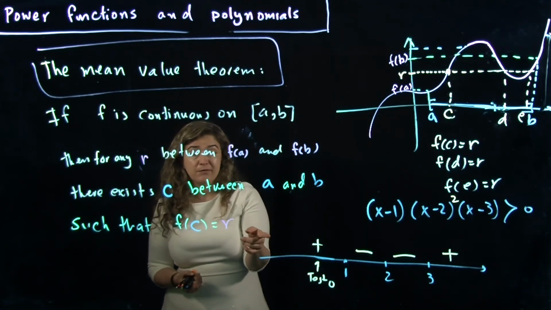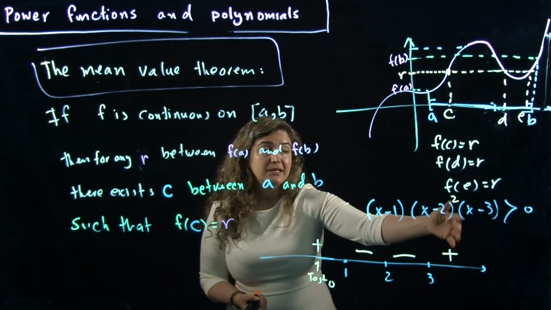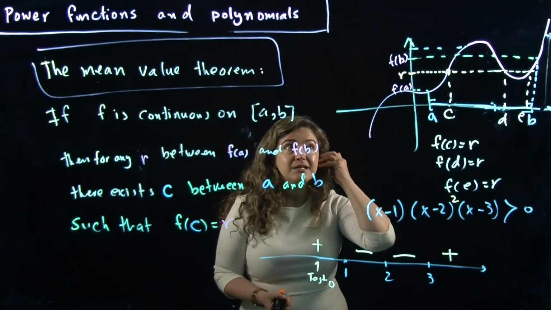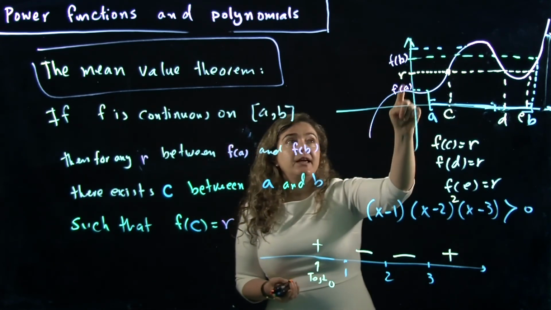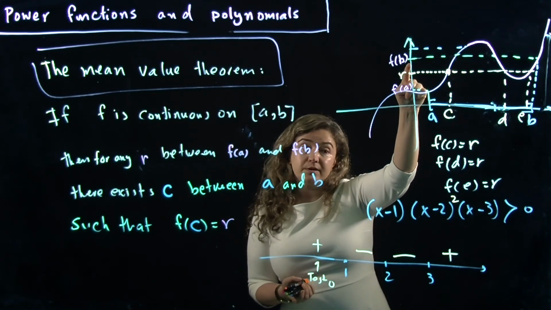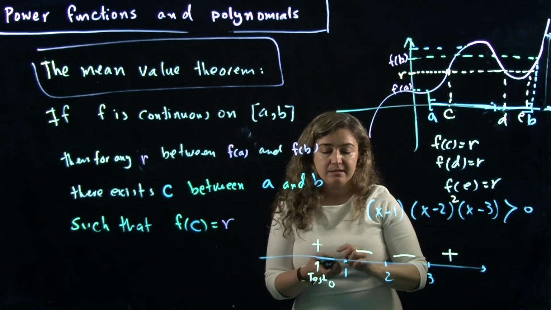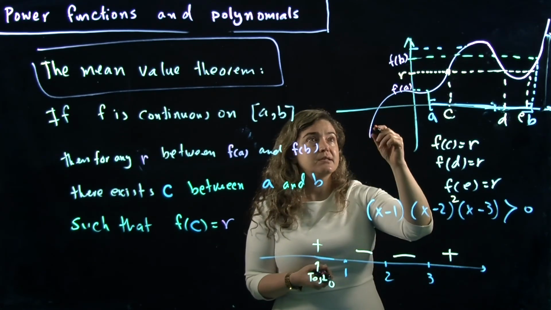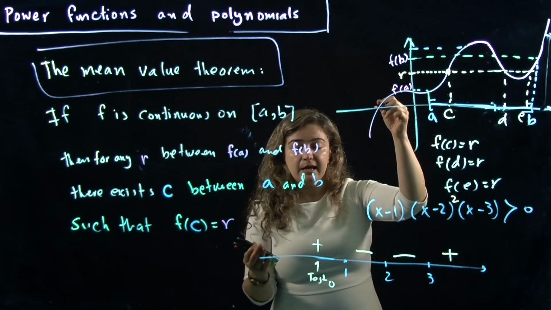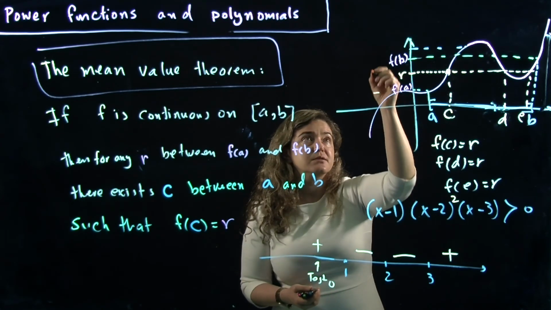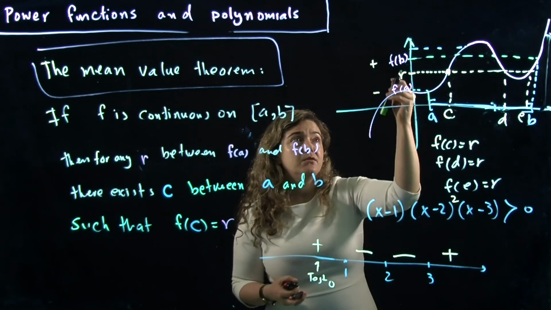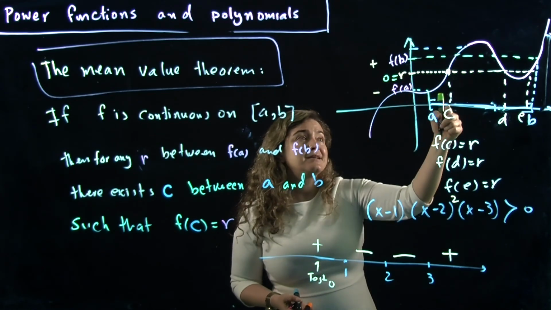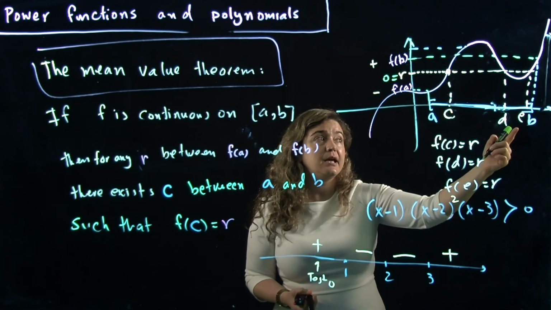Again, how do we use the mean value theorem in finding inequalities? The mean value theorem says if f(a) and f(b) are of different signs, in this case, if we say that within an interval the sign changes, then r equal to 0 has a solution between a and b.